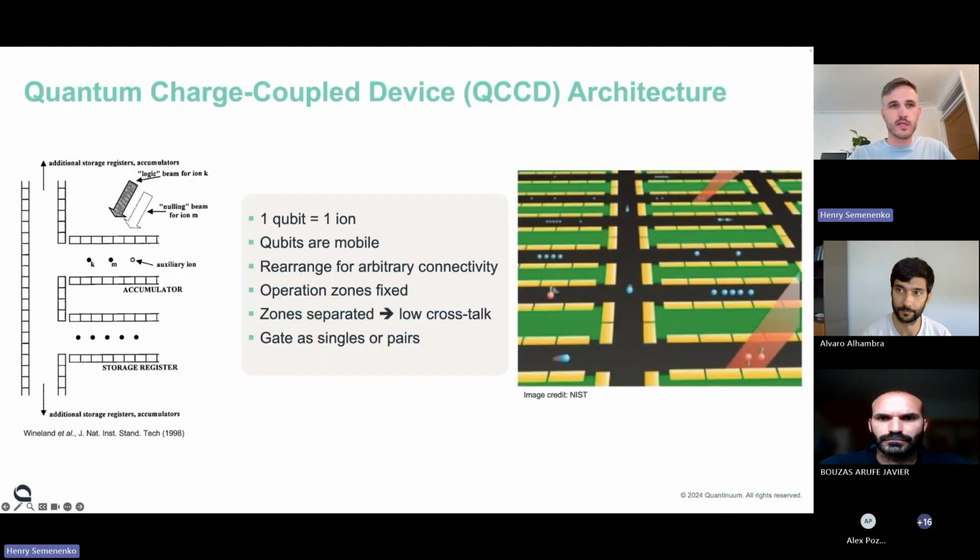To start with, I wanted to highlight where this technology came from. The specific architecture that we are developing is the quantum charge coupled device, or QCCD architecture, that was developed at NIST in the late 90s, and it borrows a lot of ideas from the same technology found in camera sensors, where you have arrays of charges that can be transferred between different parts of the array.